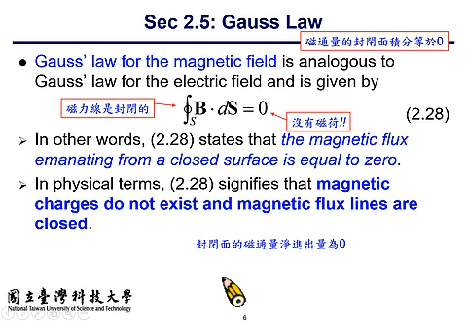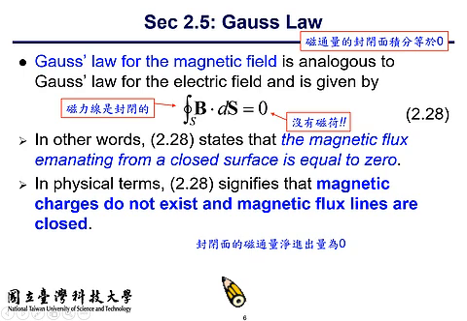Next, let's look at the fourth equation, that is Gauss's law for the magnetic field, which is relatively simple because first it's analogous to Gauss's law of the electrical field.